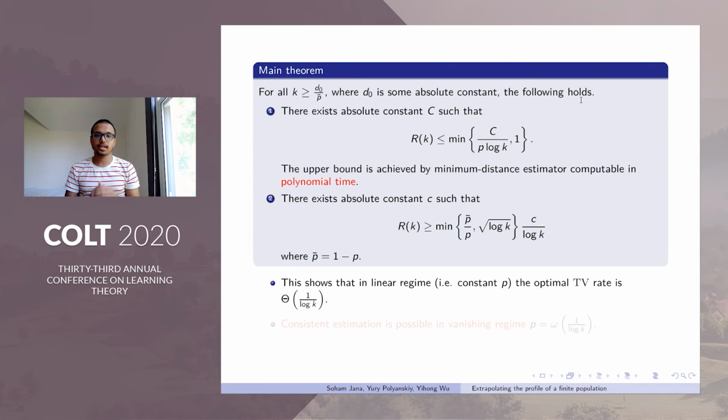And this shows that in linear regime, when p is some constant, the optimal rate of estimation is actually of order 1 over log k. The upper bound also shows that when p is vanishing, say omega 1 over log k, then we actually can consistently estimate pi as well.